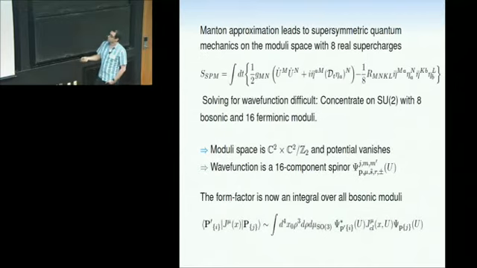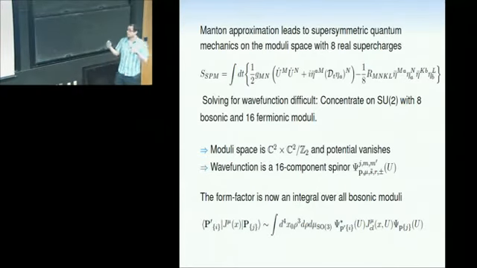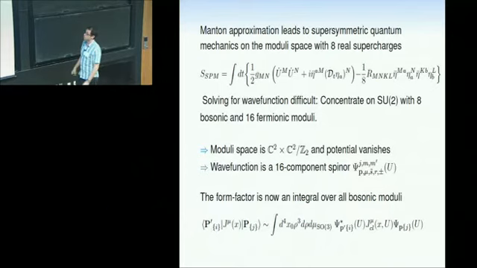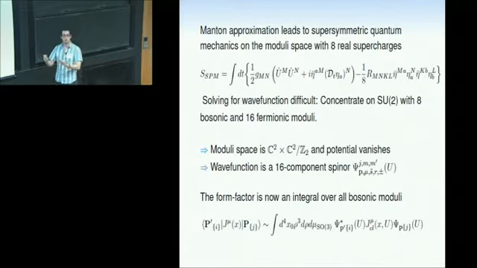Okay. So the Manton approximation in this supersymmetric case leads to a reduction of the full quantum dynamics to a super quantum mechanics on the moduli space of these instantons. In fact, you can obtain the super quantum mechanics by starting with the classical Lagrangian for 5D Yang-Mills and doing the Manton approximation that reduces the dynamics to the super particle mechanics.